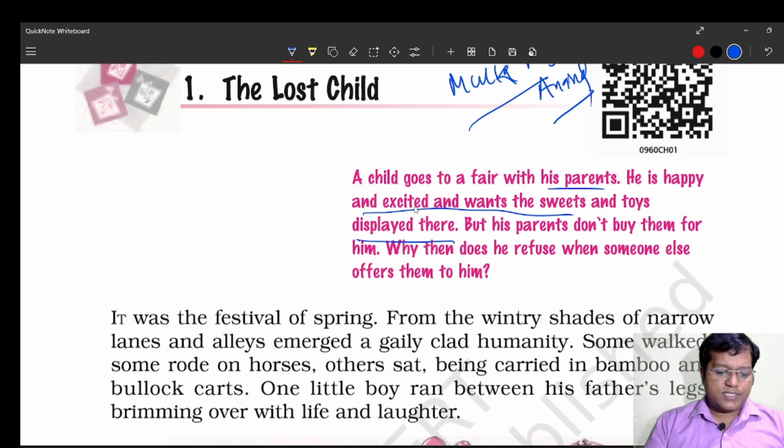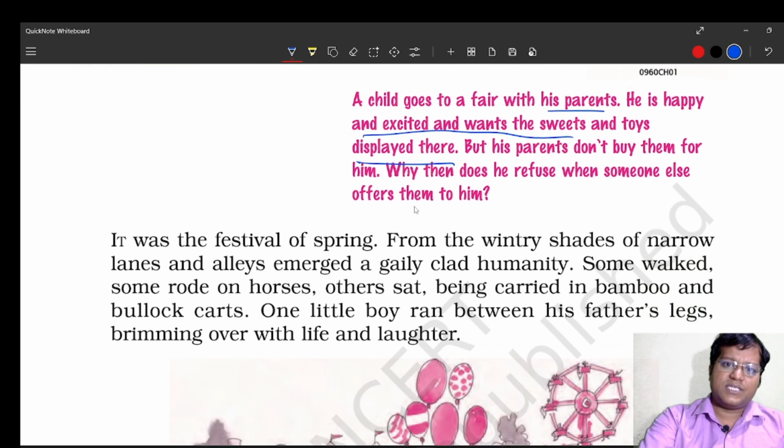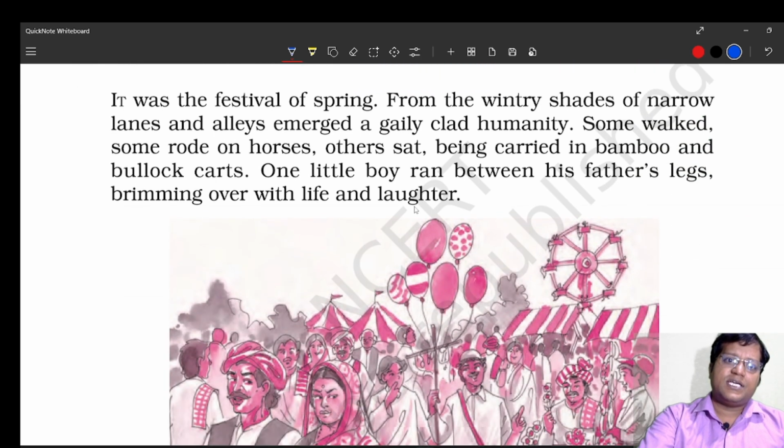Different types of sweets and toys were being displayed on the roads, in the shops, on the way to the fair. He was so attracted by these things that he was lagging behind, and his parents were calling him to come forward. Now I'm starting the text.